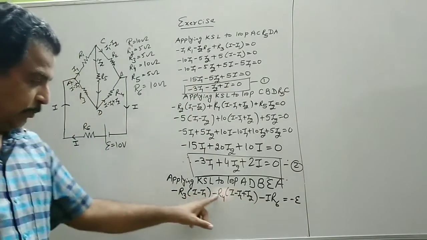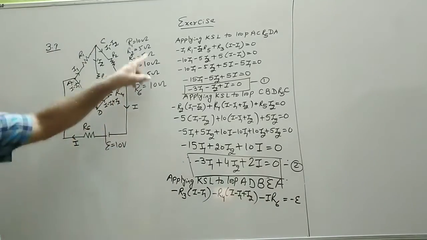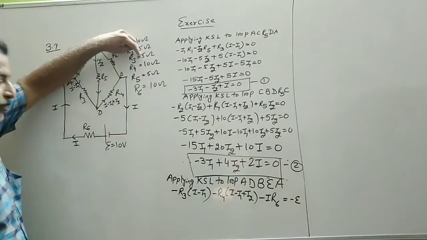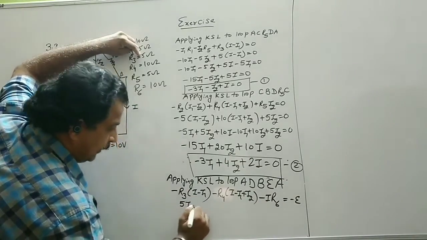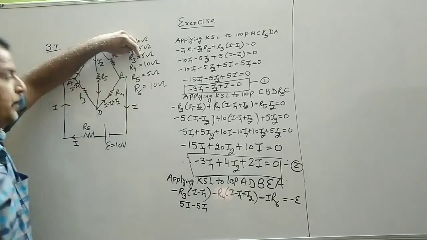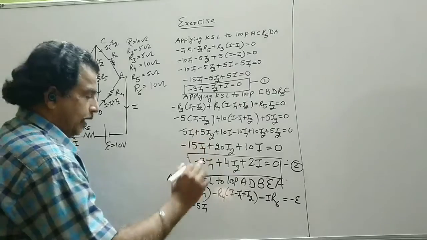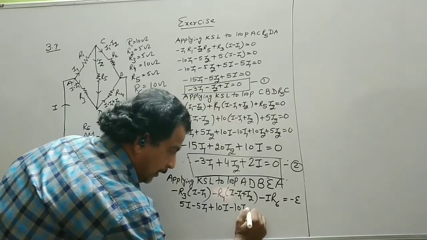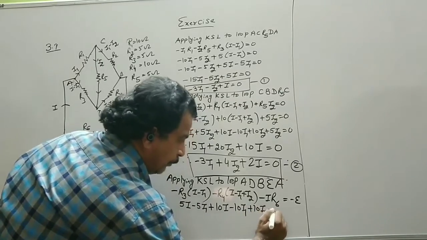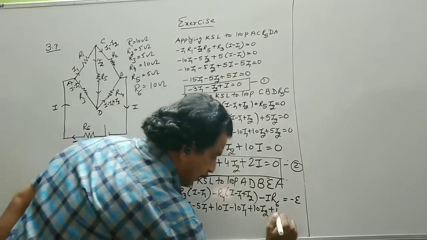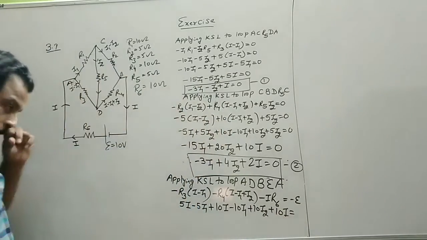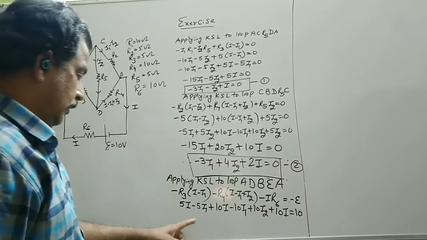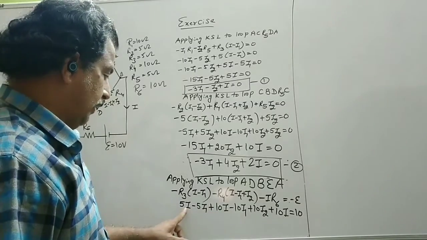Now if I remove this minus sign from both sides and substitute the values: R3 is 5, so 5I minus 5I1, then R4 is taken as plus 10, so plus 10I minus 10I1 plus 10I2, plus R6 that is 10I, and the battery's minus is cancelled there, so it is 10.